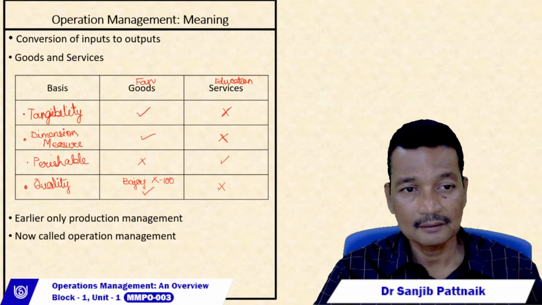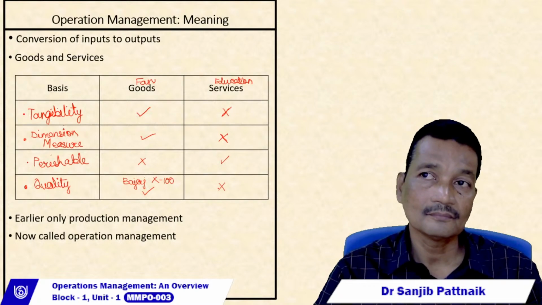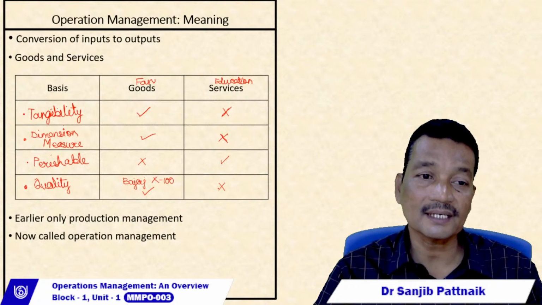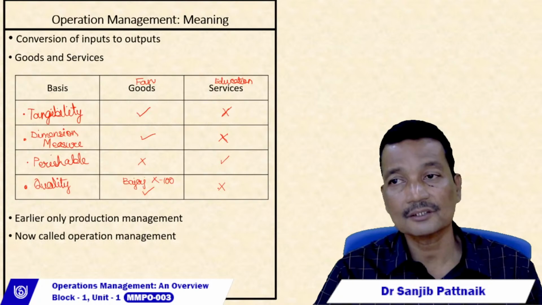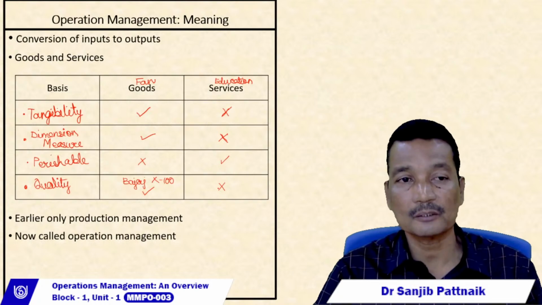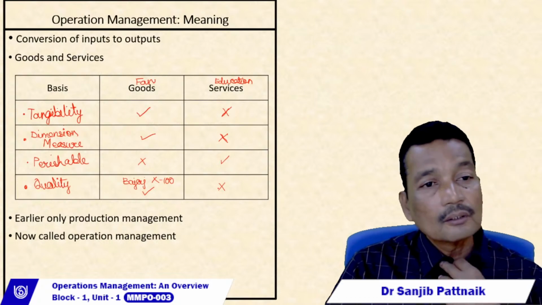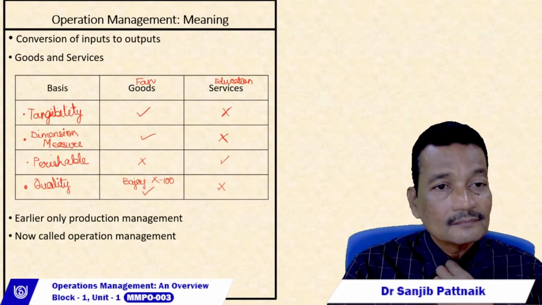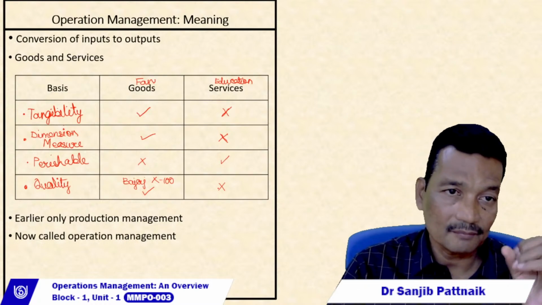Nowadays, what has happened? We are trying to standardize the dimensions or the standardization of services. Suppose think about banking service. I want to withdraw cash from a bank.